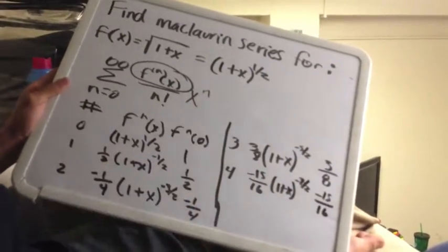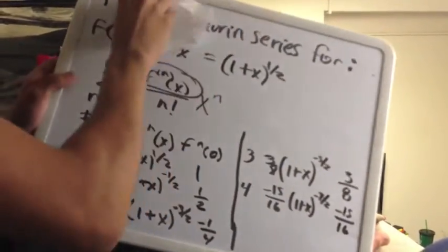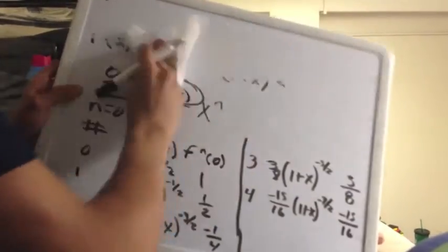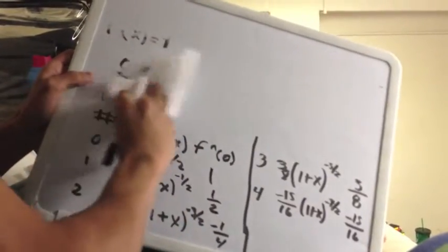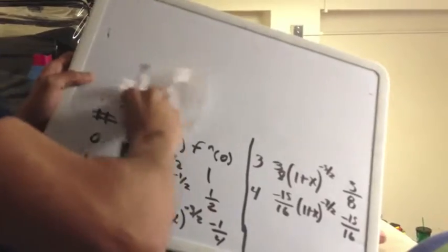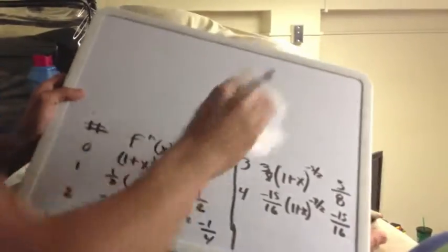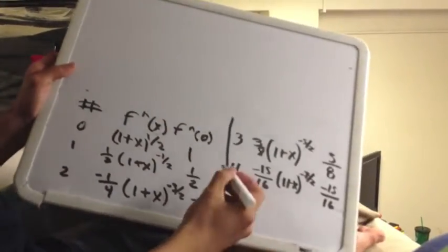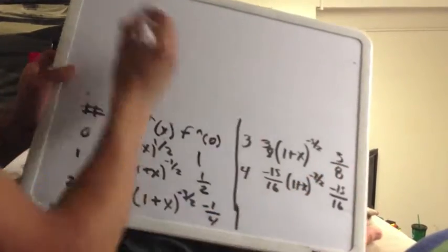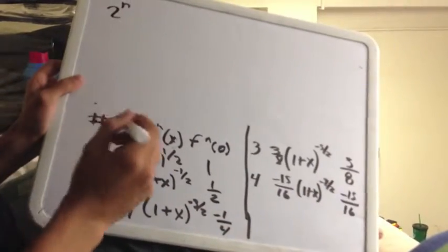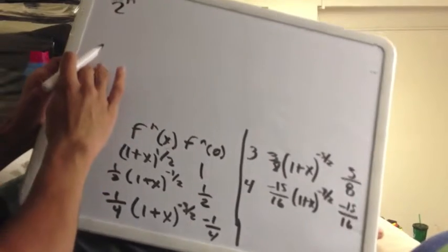Okay, now that we have this, let's put this here. Here in the denominator, we can see a pattern of 2 to the n. So we expect this to be somewhere in the denominator.